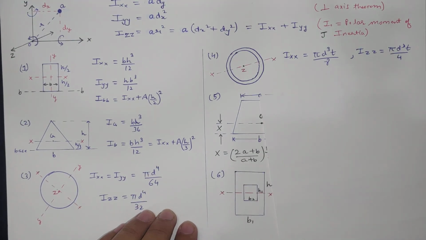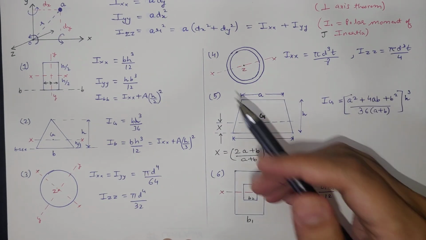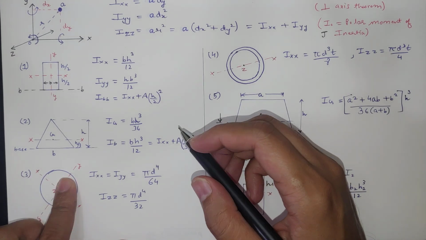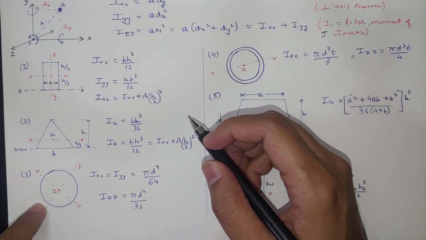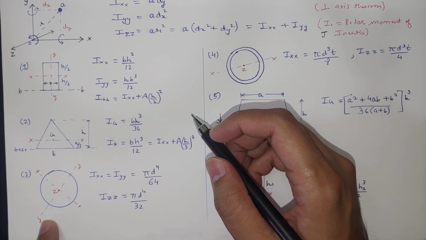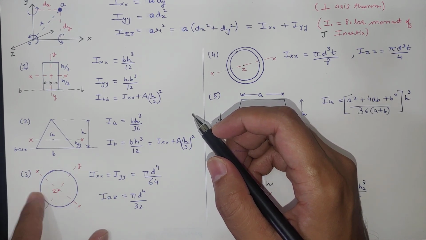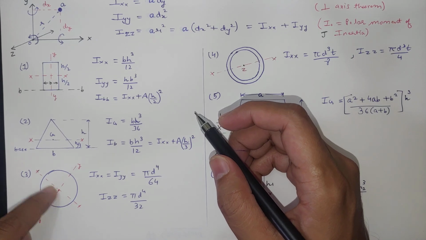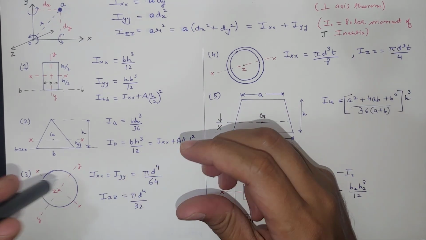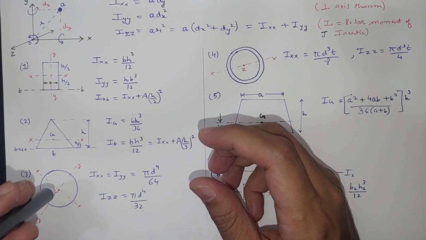Now for other shapes, if you see this is a circle, and for a circle any axis will be same. So two perpendicular axes I am saying Ixx and Iyy, these both axes we can rotate in any direction, but z-axis will be perpendicular to the plane, so it will be pointing outward to the plane like this.